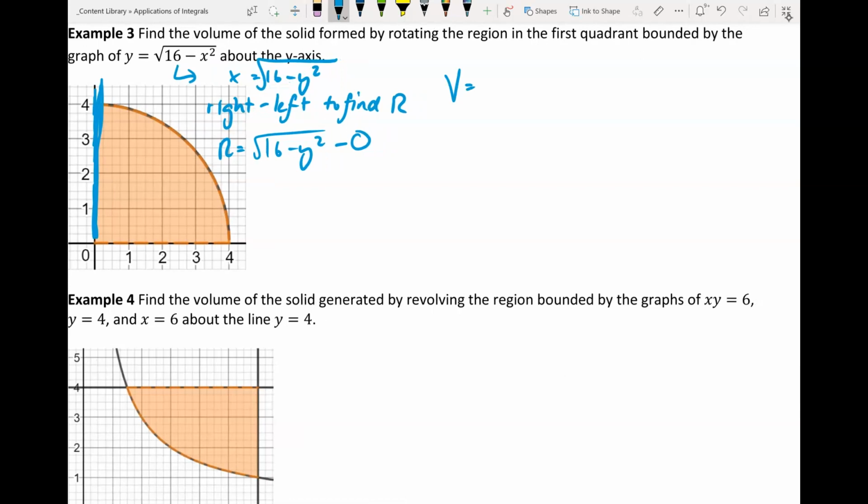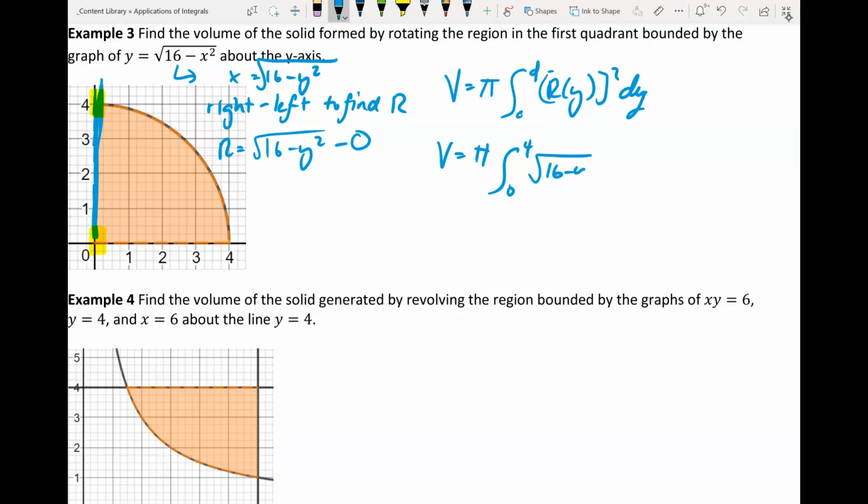Your volume is calculated as pi integral from c to d of r of y all squared dy. So c in this case is going to be 0, and our d is going to be 4, because I am reading off our lowest y value to our highest y value. r of y is the root of 16 minus y squared.